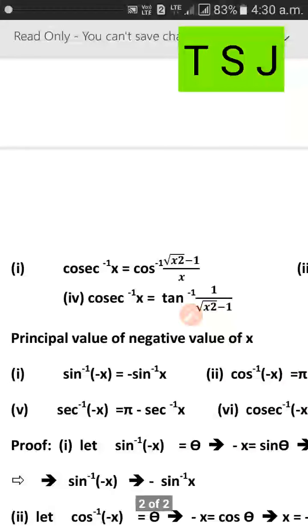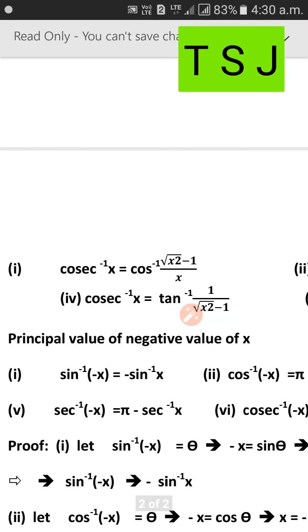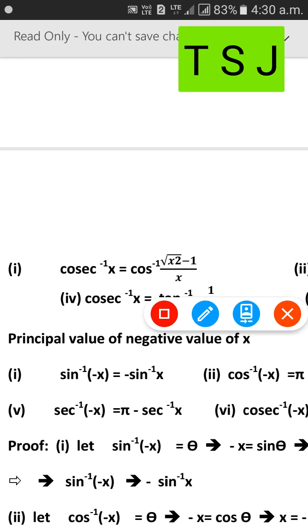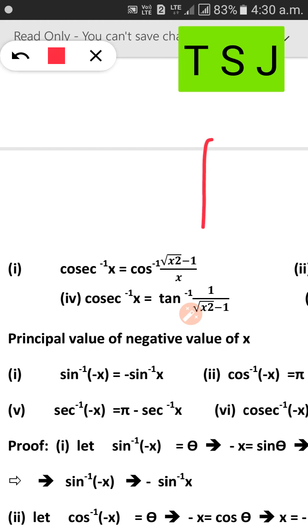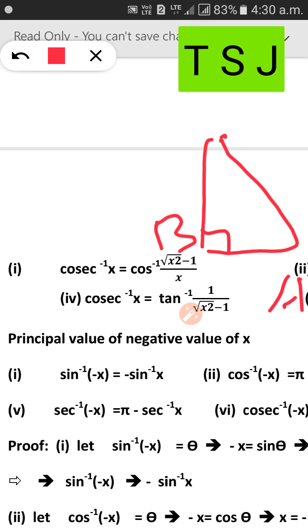To derive these formulas you have to draw a triangle in which one angle is a right angle, another is A, and the third angle is C. Consider any side of the triangle according to the given inverse trigonometric function.